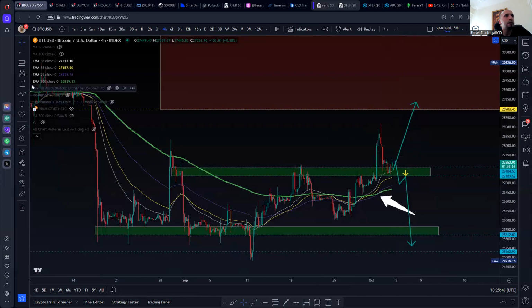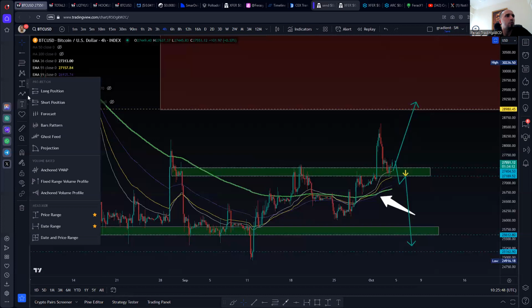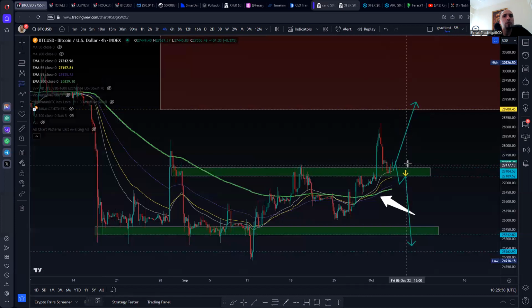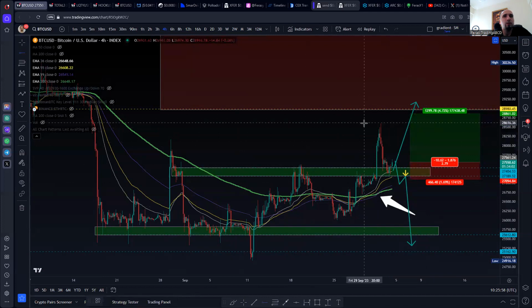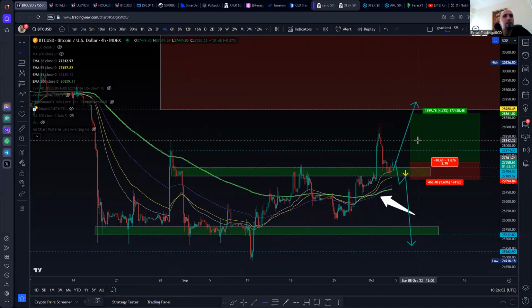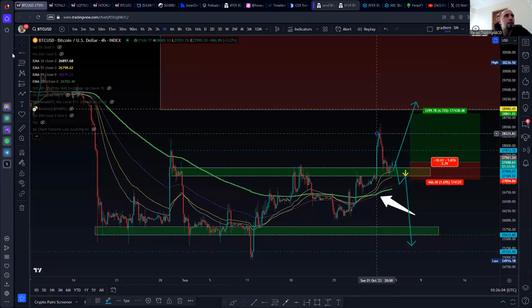R to R here is better for longs than for shorts. If I would be longing this, this is the long structure. Definitely I will be taking some local profits at this level, at this close, at these highs, and at these ones.